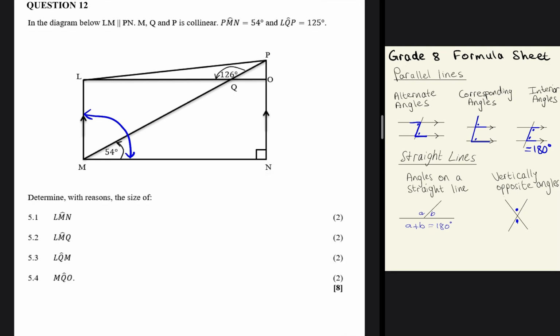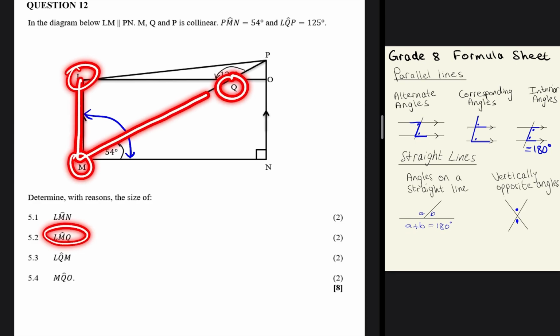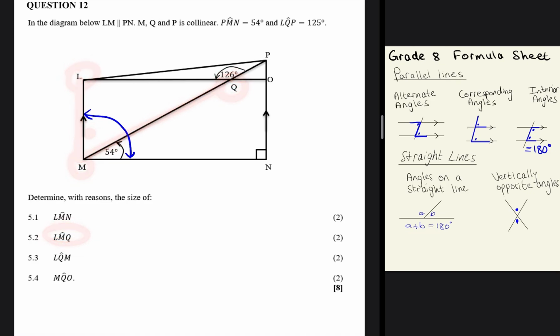In the next one, they ask us to work out the angle LMQ. So where's LMQ? There's L, there's M, and there's Q. So we're dealing with this angle over here, LMQ. But we know this is equal to 90 degrees.